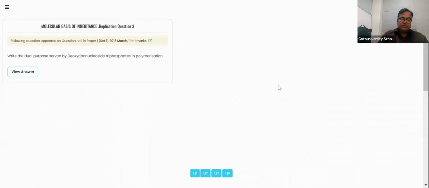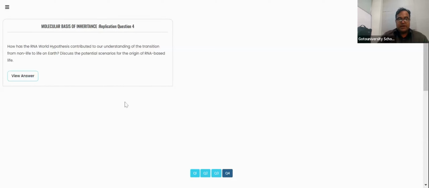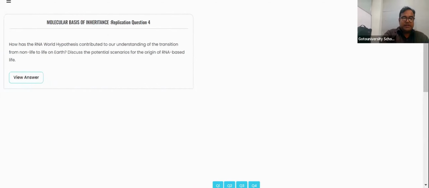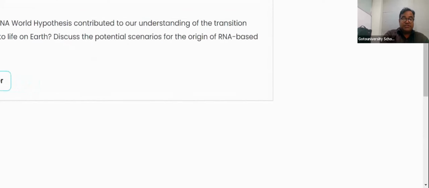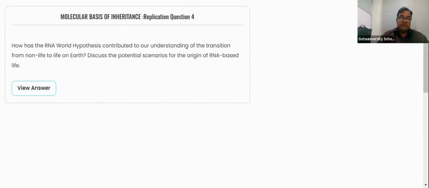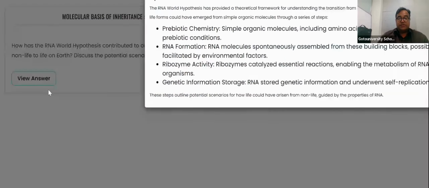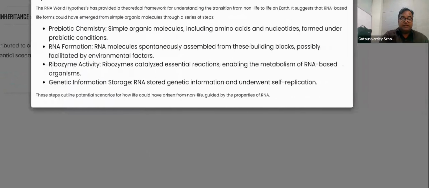So now we are entering the fourth question. In this fourth question: how did the RNA world hypothesis contribute to our understanding of the transition from non-life to life on Earth? Discuss the potential scenario for the origin of RNA-based life. If this is the question, the answer should be like this.